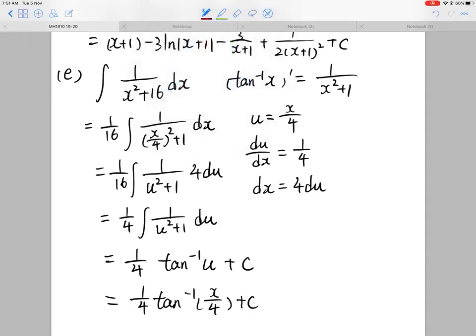Here we use a substitution, but if you see this type of integration over and over again, you can use the formula: the integration of 1 over x squared plus a squared is 1 over a tangent inverse x over a, plus c.